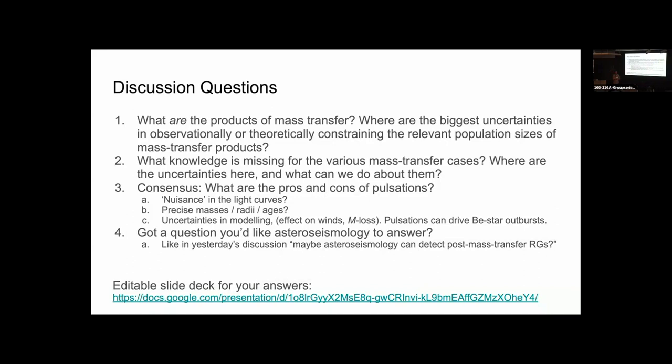But the main problem for the other systems is actually the mode identification. And for that, we would need no more high quality observations, but rather multicolor photometry or something like that, in order to get reasonable mode identifications.